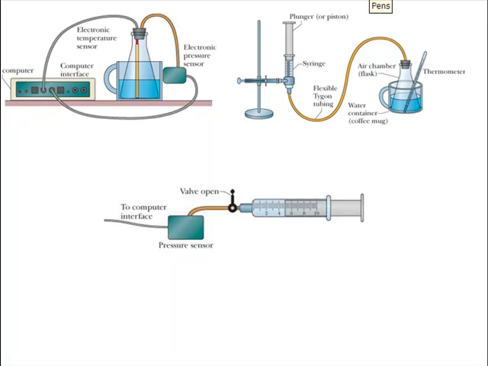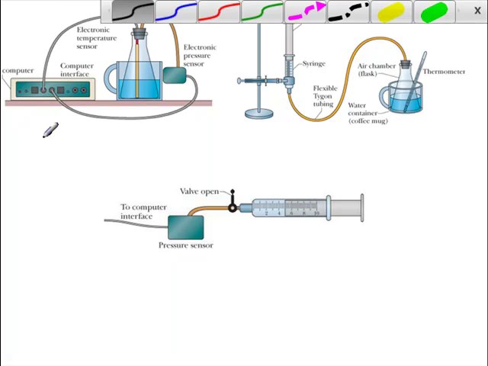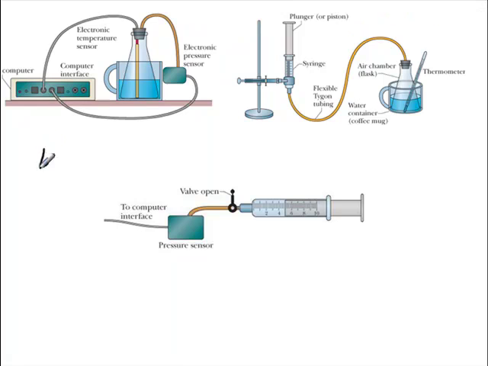So it turns out that if we use an absolute temperature, we can say that the pressure is proportional to temperature when we're at constant volume, and we can say the volume is proportional to temperature when we are at constant pressure.